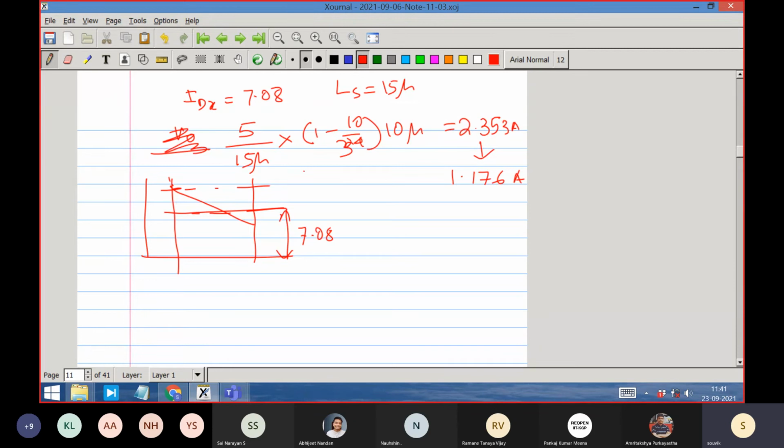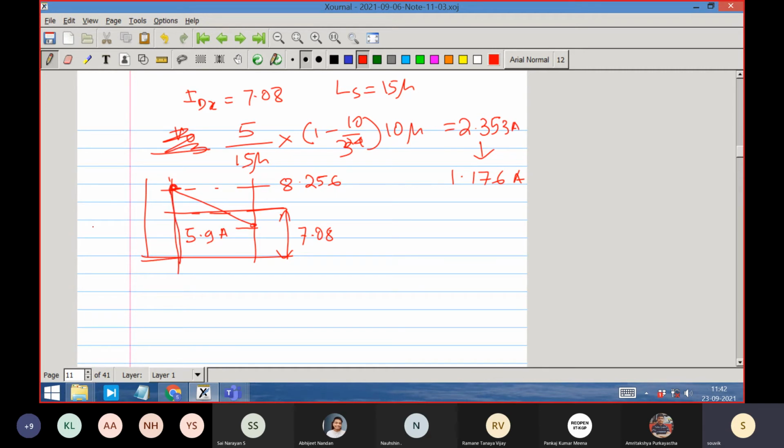The peak is 7.08 plus 1.176, which is 8.256 ampere, and the bottom part is 7.08 minus 1.176, that is equal to 5.9 ampere. So these are the two peaks I have got.